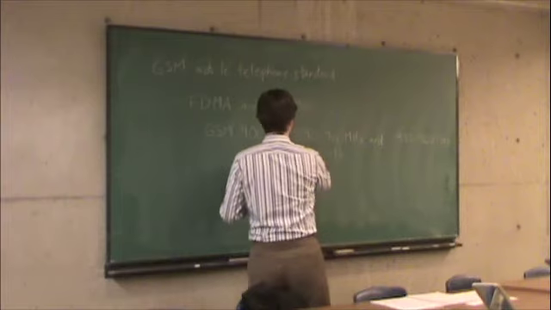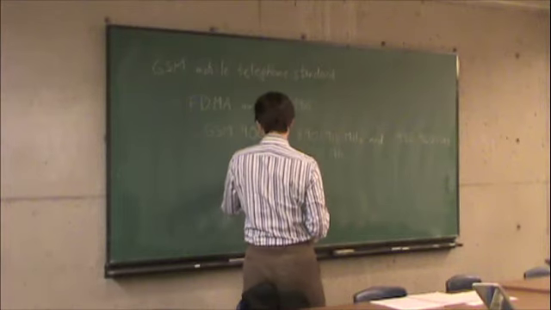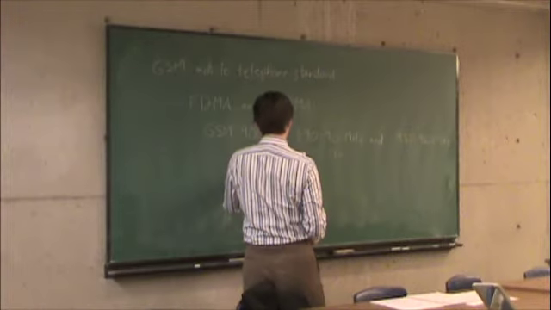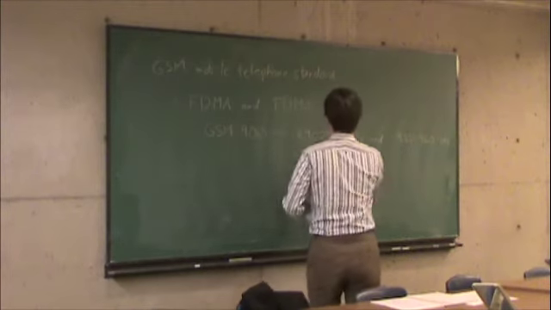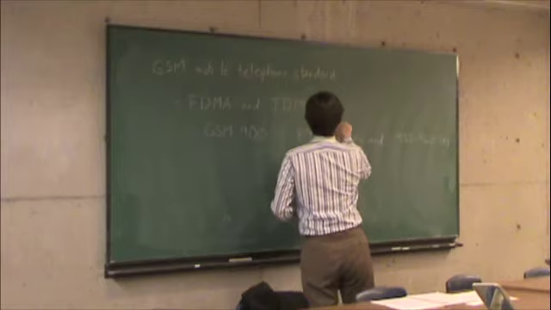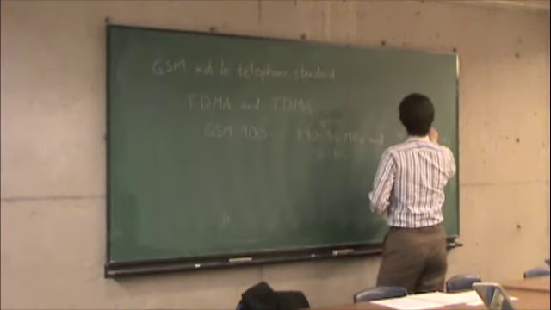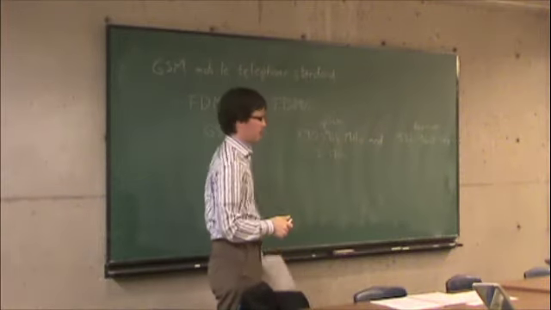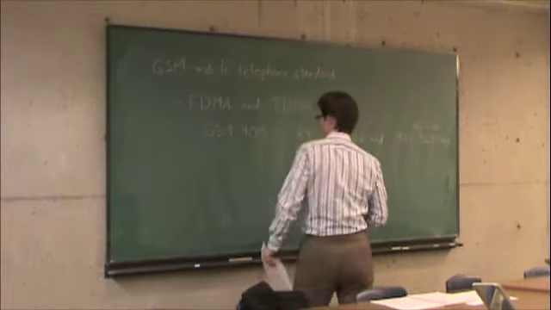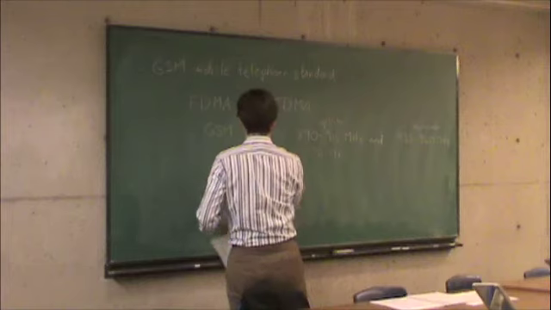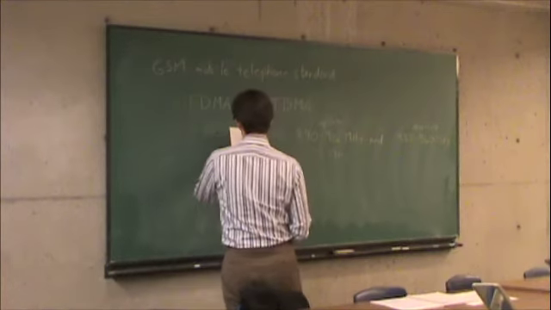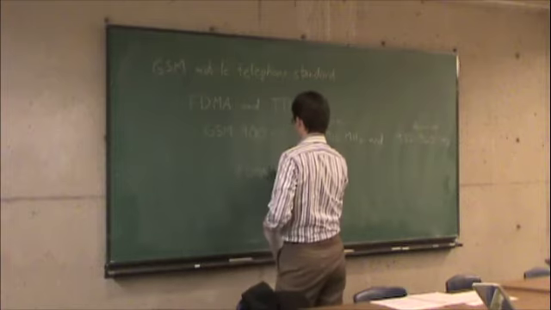Let's just take this frequency band as an example. Oh yeah, that's true, I have it right here. This is the uplink, and this is the downlink. So let's take this as an example, 25 megahertz. What we do is we first divide it with FDMA. We divide it into 200 kilohertz chunks.